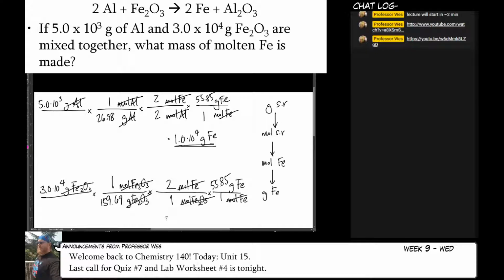And in this case, I got 21,000 grams of iron. So what's the limiting reactant? In this case, it was the one that I had less of, believe it or not. So this is the limiting reactant. This is excess. We scribble out the excess. Don't need it.